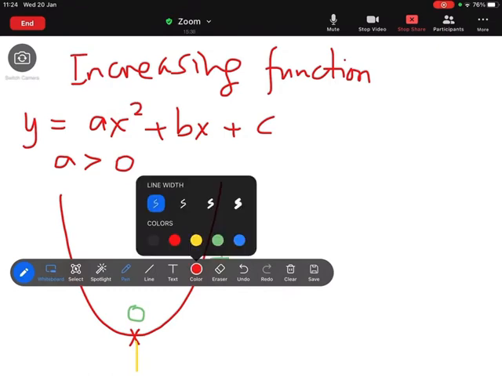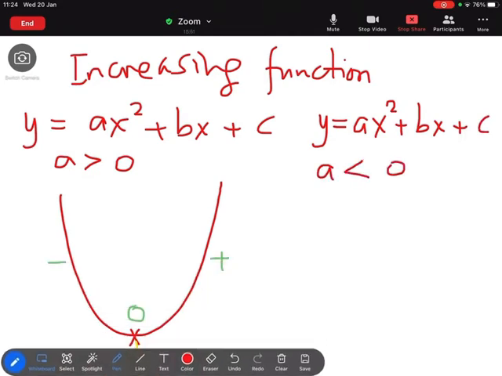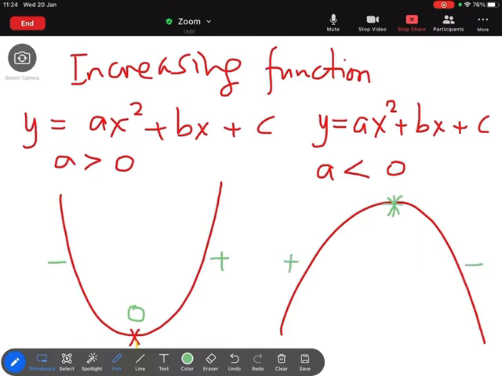In the event we have a curve y equals ax squared plus bx plus c, and a is less than 0, the curve will appear this way. If the turning point is here, this gradient will be positive and this gradient will be negative.